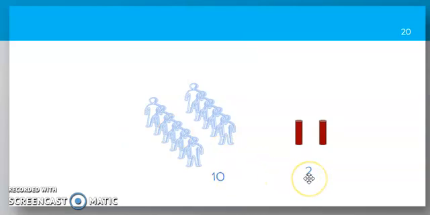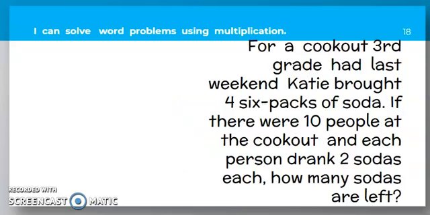drank 2. Each of them drank 2. So what do I need to do with this information? Oh yes, I need to multiply. 10 times 2 is going to be 20. But if we go back to the problem, the question is how many sodas are left? Are they the 24?